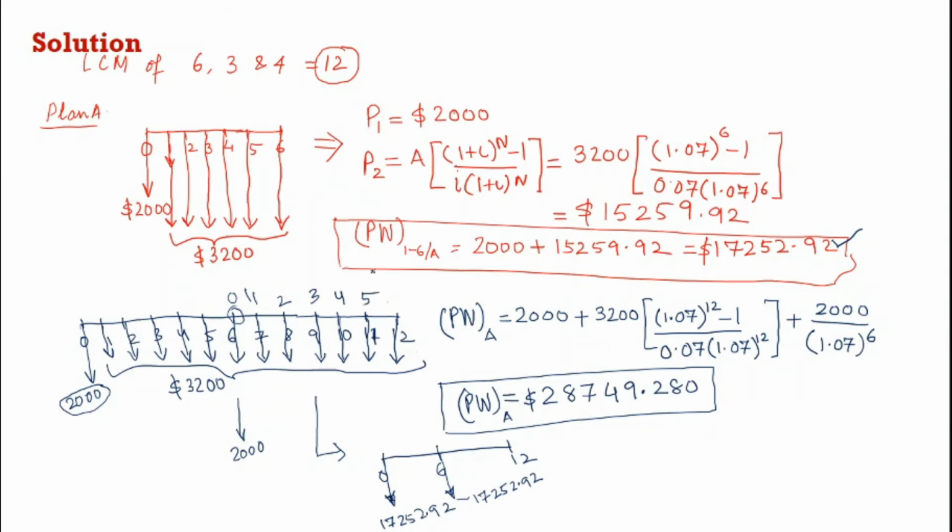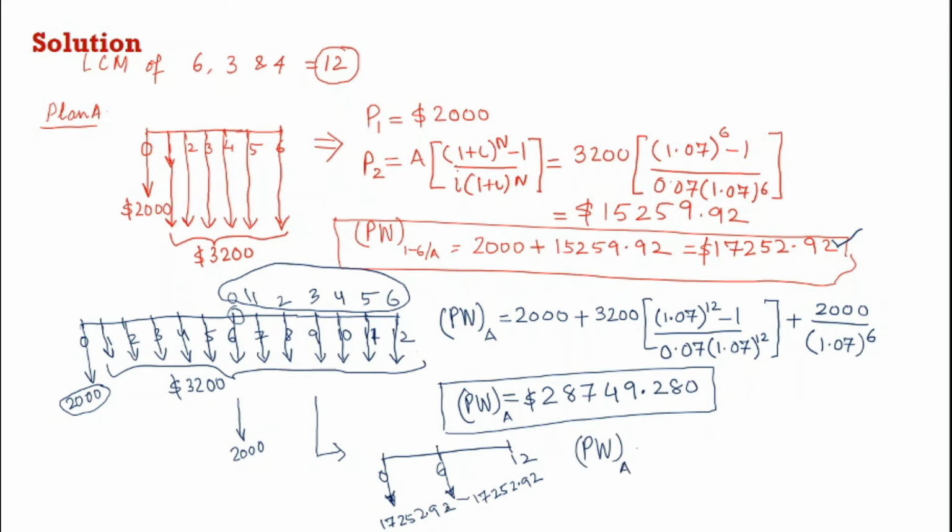So this is the second cycle which we take into account. So it simply means that whatever equivalent worth we are having here, the same will be repeated at the end of year 6.